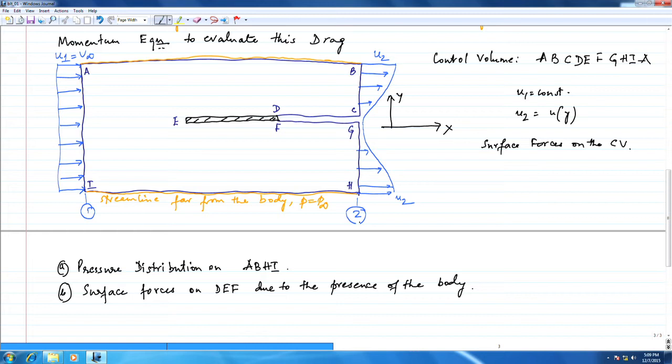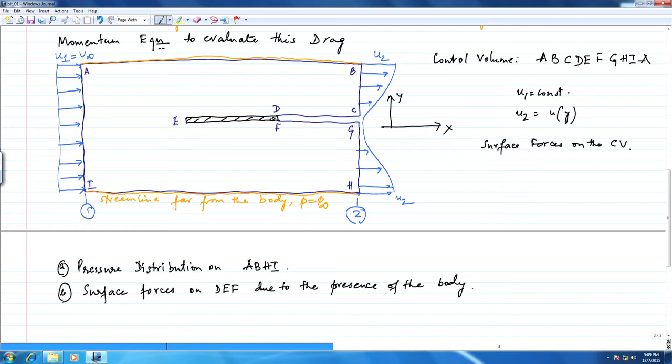So, we have taken the control volume in such a way that AB is just inside, or just in sync with, a streamline which is far away from the flat plate on the top side, and so is HI on the bottom side.